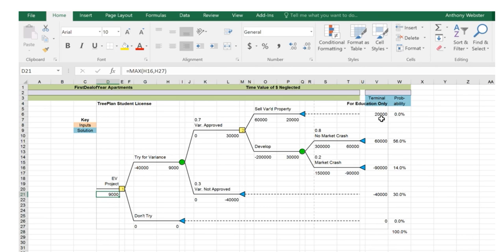And the way that works is I have my 20,000 times 0% plus 60,000 times 56% probability. See, this is just a weighted average, plus minus 90,000 times 14% probability, and our minus 40,000 times a 30% probability here.